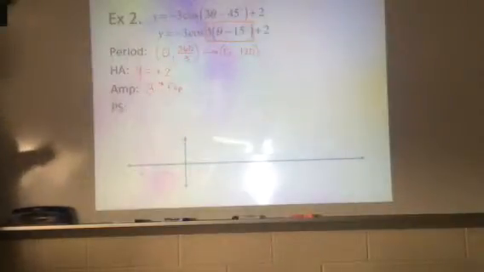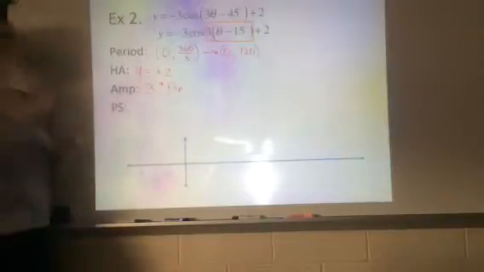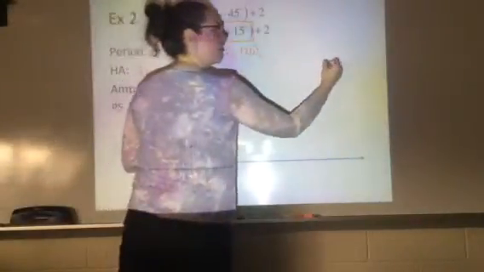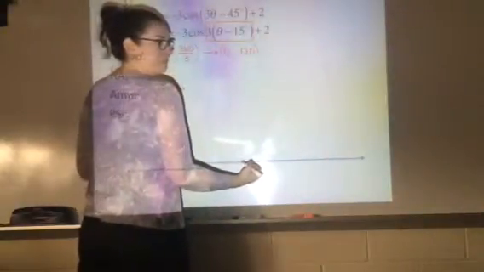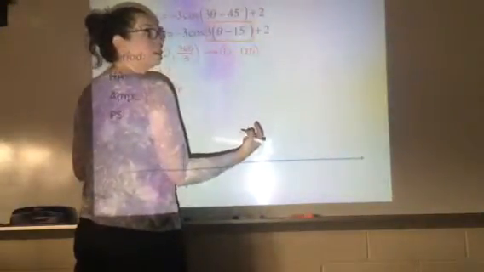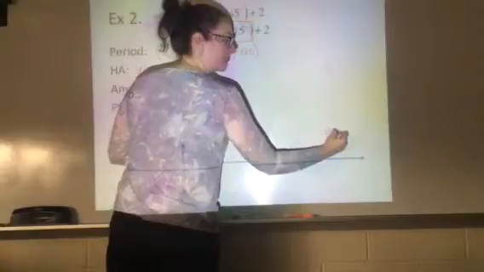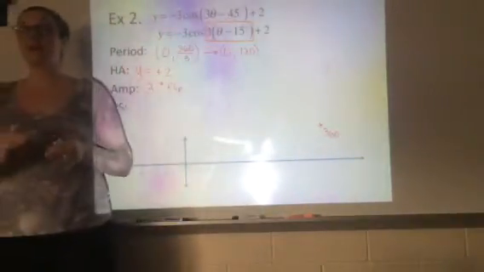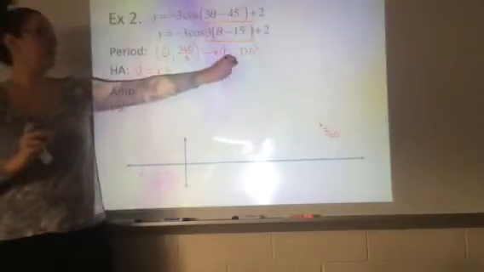Now we need to determine the phase shift. What were the 5 key values of cosine in degrees? It started at 0 and it went to 360 originally. So again, I want to reiterate, use the 5 original key values. Don't relate it back to the period.